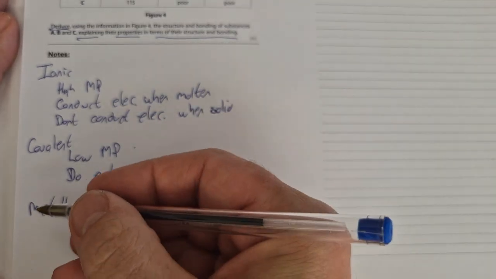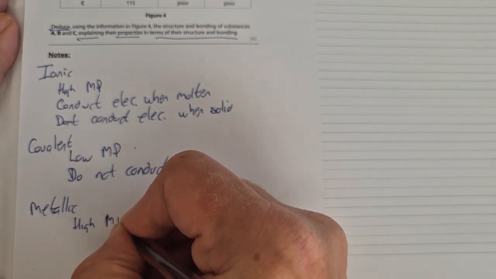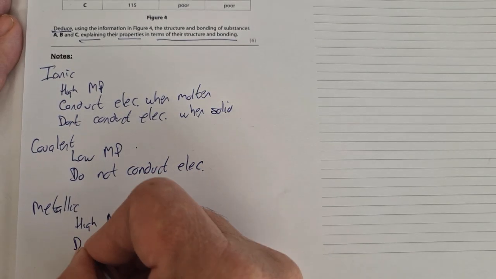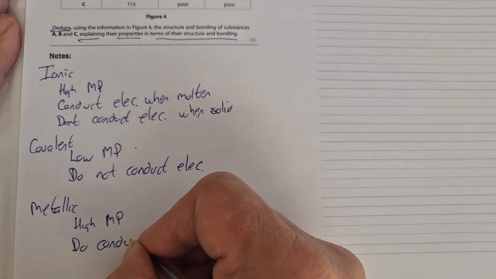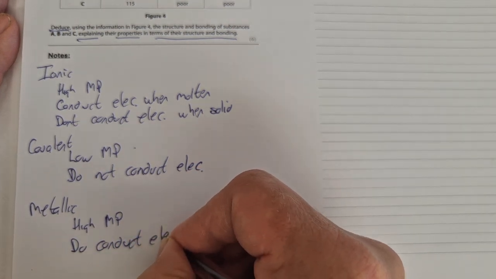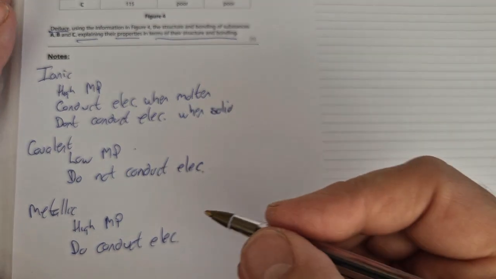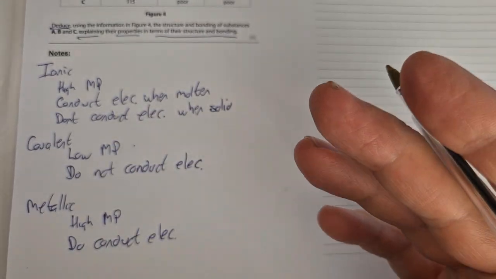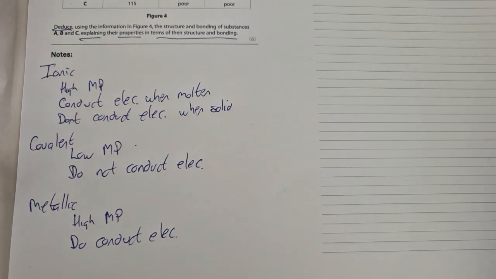Most metals are solid at room temperature. They always conduct electricity, whether they're solid or molten, because if you remember the structure of metals, there are positive ions surrounded by a sea of delocalized electrons. Okay, so there are three.